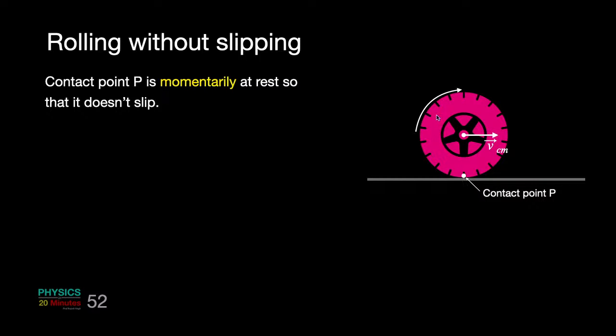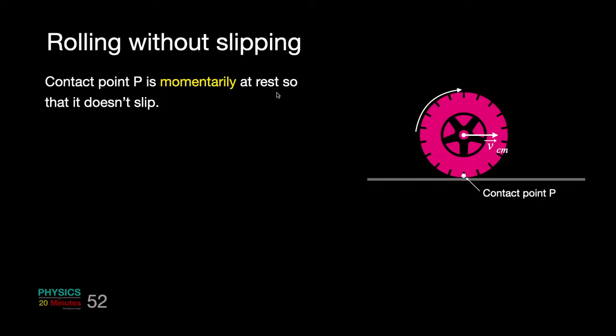So if both the bodies are rigid bodies, in that case the contact point here is a single, one dimensional point, and this point is momentarily at rest.